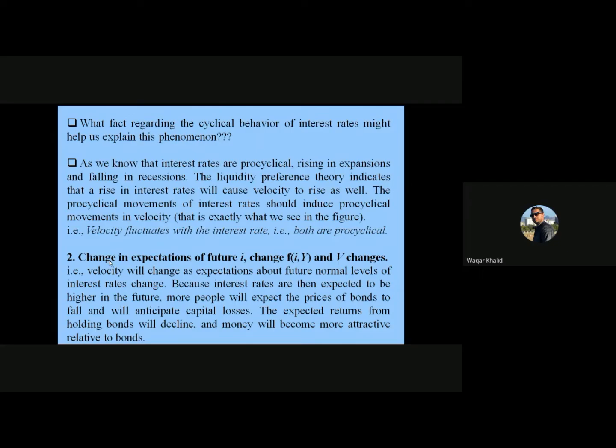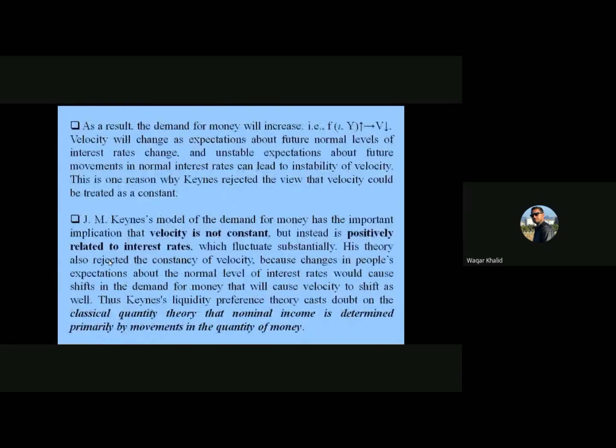The expected returns from holding bonds will decline, and money will become more attractive relative to bonds. As a result, the demand for money will increase. Unstable expectations about future movements in normal interest rates can lead to instability in velocity.